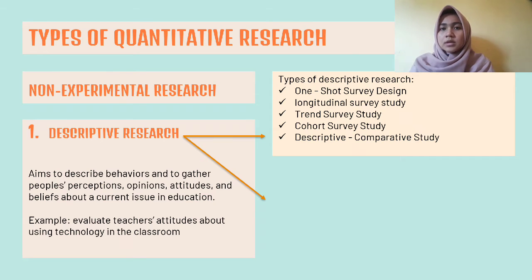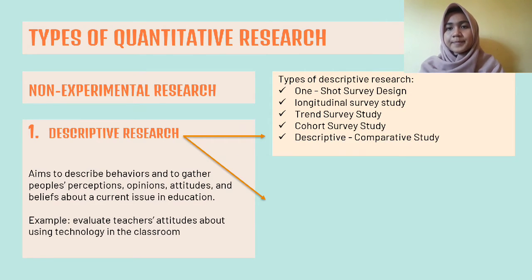The aim is to describe behaviors and to gather people's perceptions, opinions, attitudes, and beliefs about current issues in education. These descriptions are then summarized by reporting the number or percentage of persons reporting each response. The survey is the primary method used to gather such data or information from people.